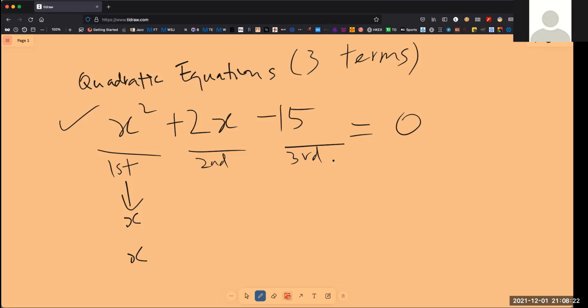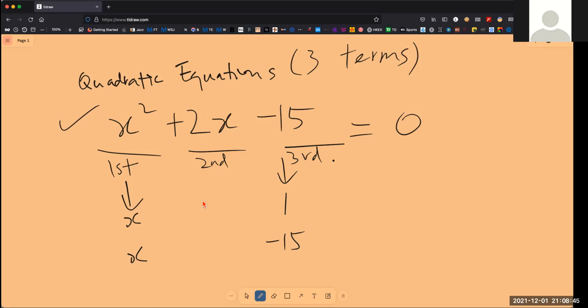So for negative 15, what's the combination? 1 times negative 15. This is one of the combinations that can get you minus 15.